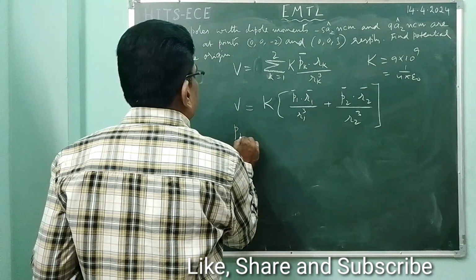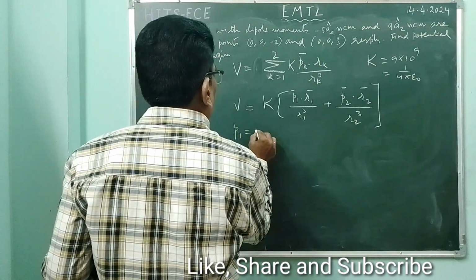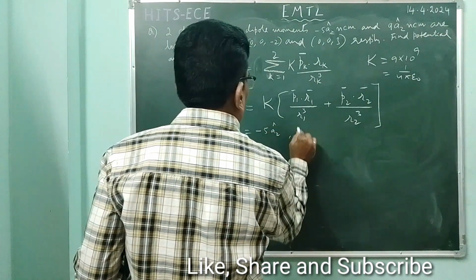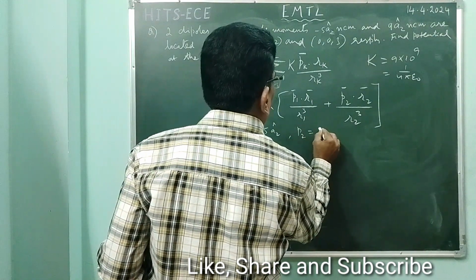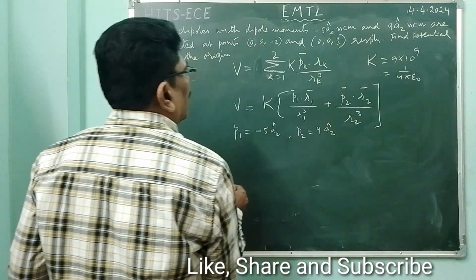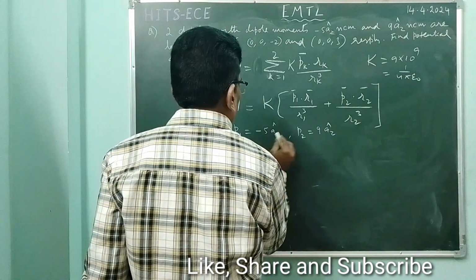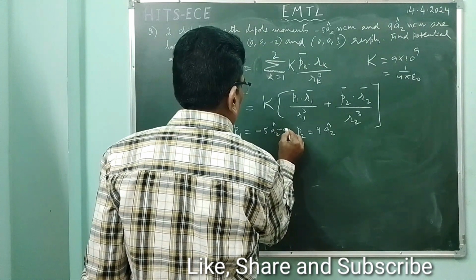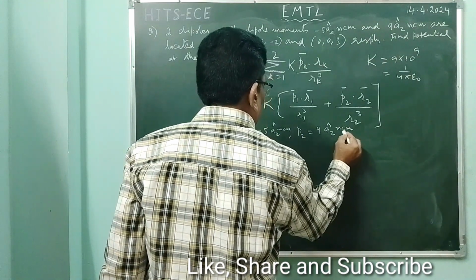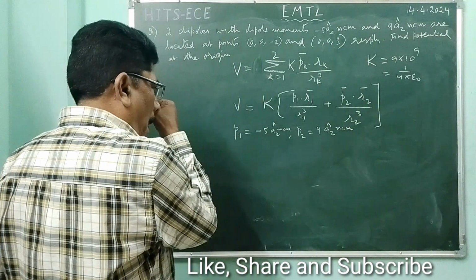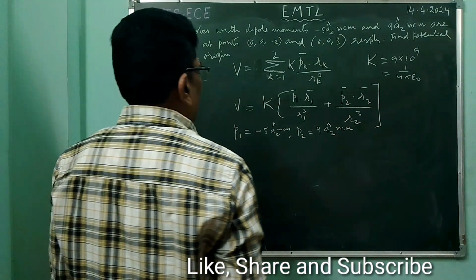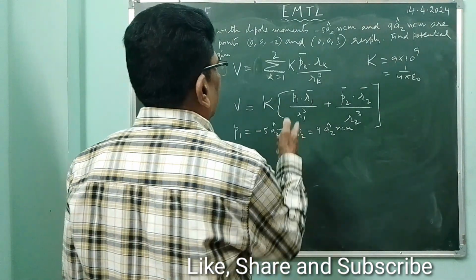Given P1 is equal to minus 5 az cap and P2 is equal to 9 az cap, in nanocoulomb meter. These are the units. Nano means 10 to the power of minus 9. Let us find out R1 now.